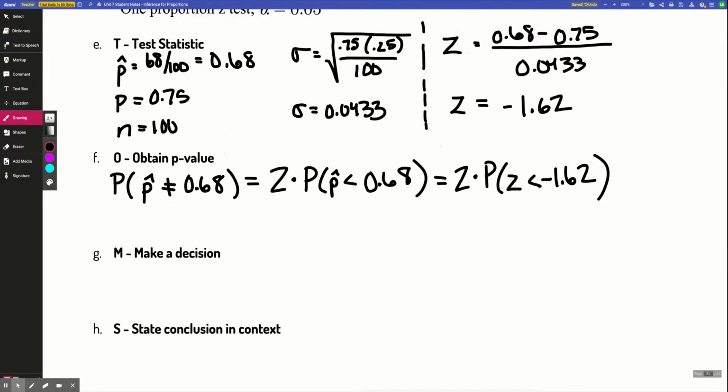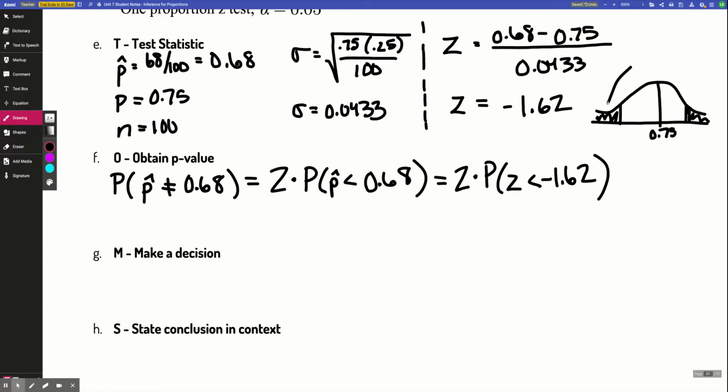If you recall, we're dealing with a two-tailed test. And it's called that because you literally are shading in the two tails. So I'm just saying it needs to be different than 0.75. So it could be down here or up here. So I'm dealing with both tails.